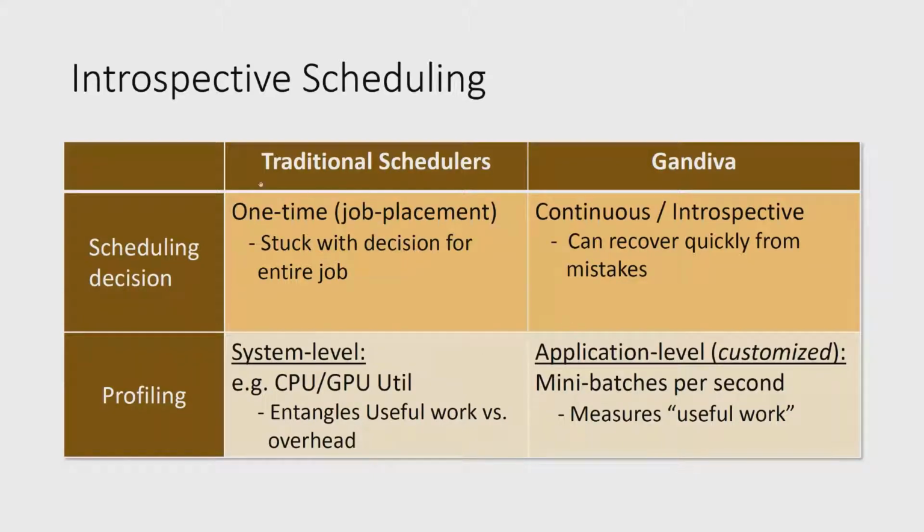It compares itself with the traditional scheduler because that's almost the first paper to do this. And it says that compared to this, what Gavel is able to do is continuously recover from previous scheduling mistakes or optimize during runtime, because it has the ability to suspend the running training job and then replace it with new jobs.